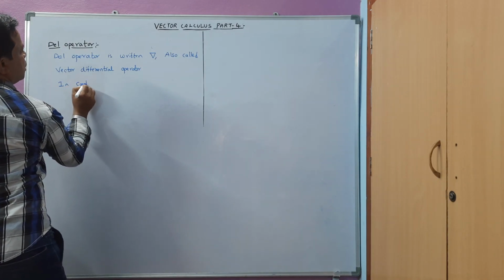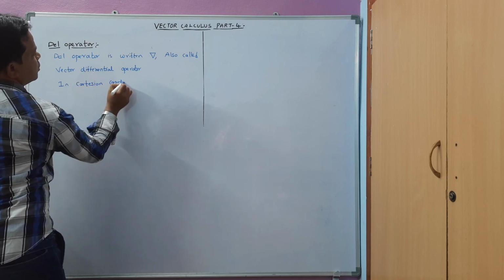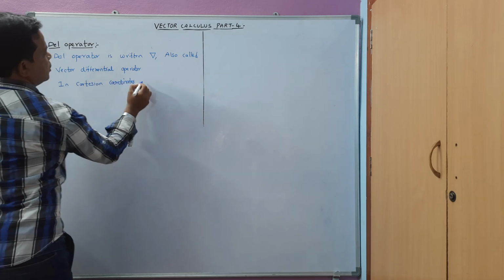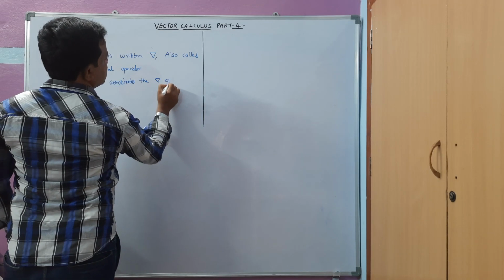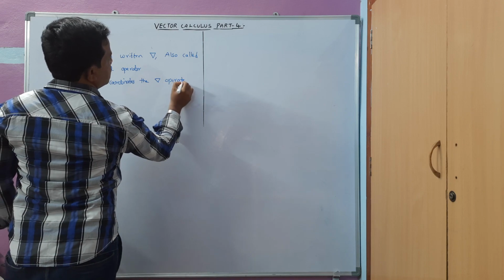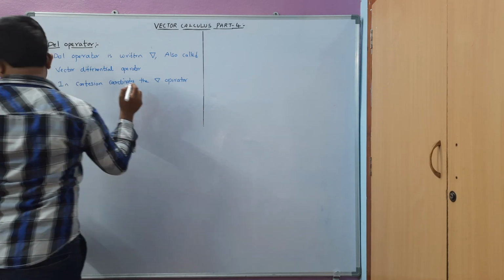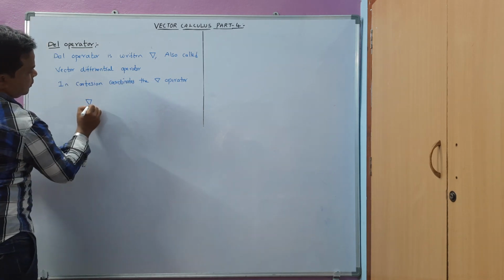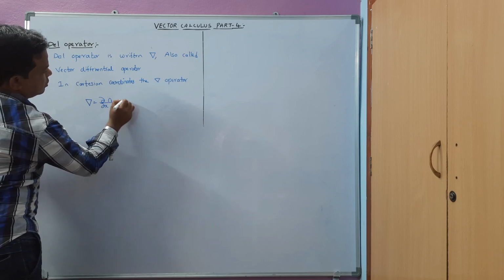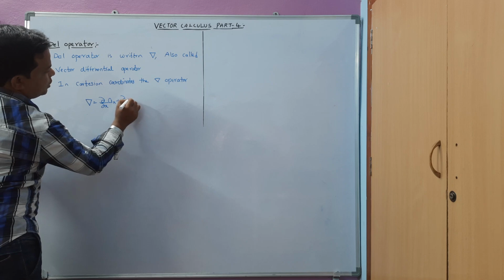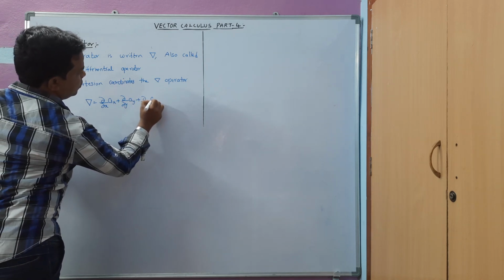In Cartesian coordinates, the del operator is given by del is equal to dou by dou x of ax plus dou by dou y of ay plus dou by dou z of az.